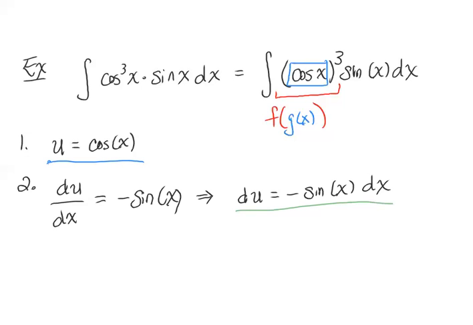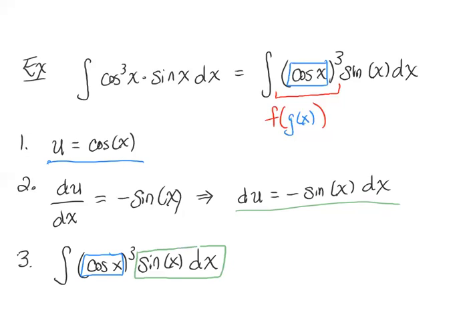At this point, I want to substitute. Integral of the cosine of x cubed times the sine of x dx. I know, as we've stated, that this portion is u. What about du? This portion is almost du, but it differs by a sign. How could I fix that?